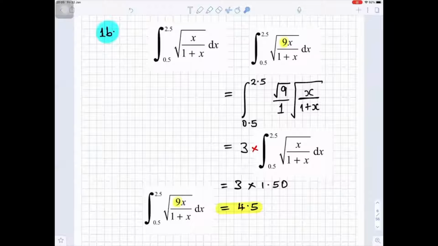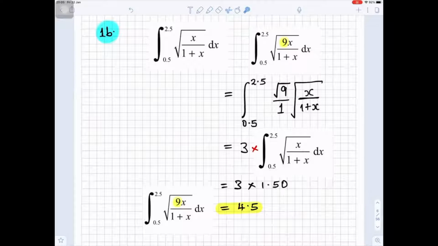For part B, we know that the 9 there is the difference between this and what we used the trapezium rule formula to work out. So it's the square root of 9 times x. We can take the 9 out and find the square root of 9, which is 3.